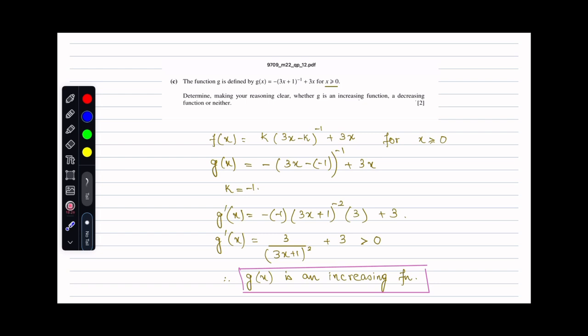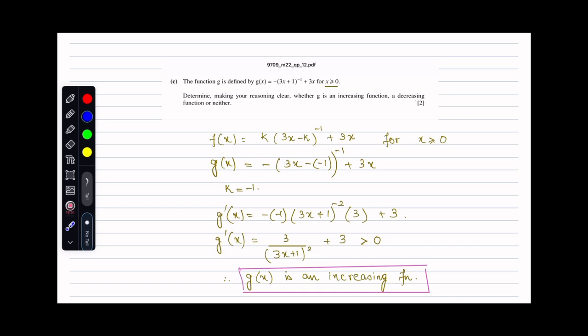So g prime x should be equal to negative times negative 1, (3x plus 1) to the power minus 2, the derivative of 3x plus 1 being 3, and then plus 3. So it's 3 divided by (3x plus 1) the whole squared, plus 3.